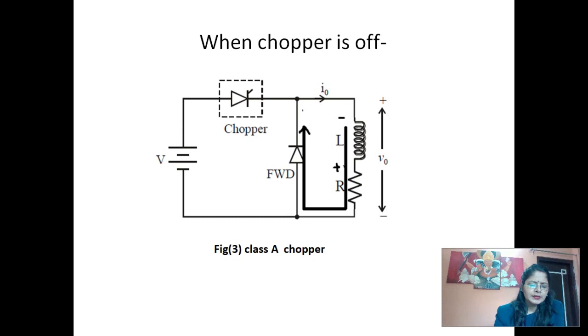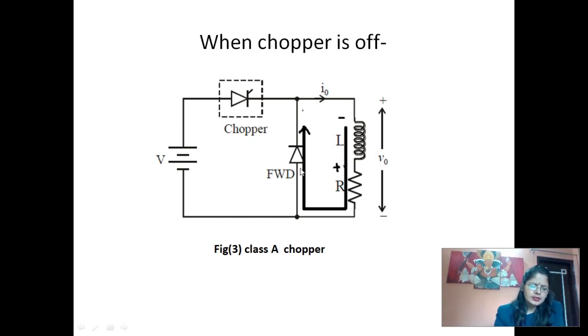When the inductor starts discharging, it changes its polarity: here negative, here positive. The diode starts conducting. This time also the direction of the current is the same, and the output voltage is almost equal to zero.